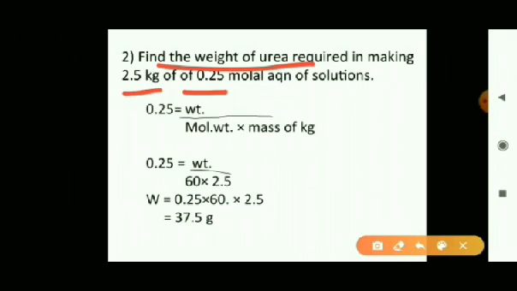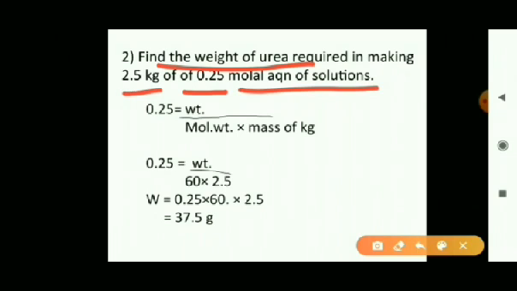It is given in an aqueous solution, which means it is a water solution.